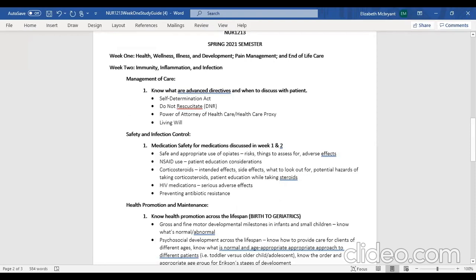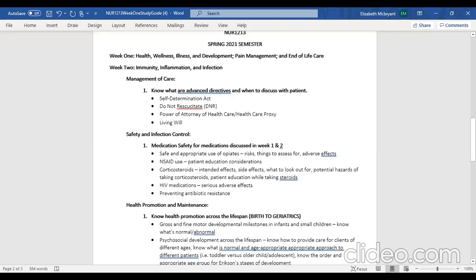Medication safety. So any medications we discussed: knowing about NSAIDs, knowing when NSAIDs are safe to be used and when not to use them, what kind of education, knowing about corticosteroids, what is the intended effect and what are the side effects. It's in the slides, the side effects.